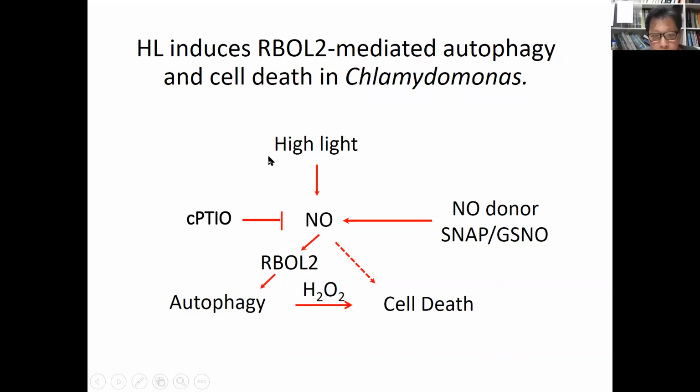My model is like this cartoon. High light will induce high NO production, and this NO accumulation under high light will activate the RBOH2 NADPH oxidase gene expression, and then this protein will induce the autophagy and interact with H2O2 to induce cell death.